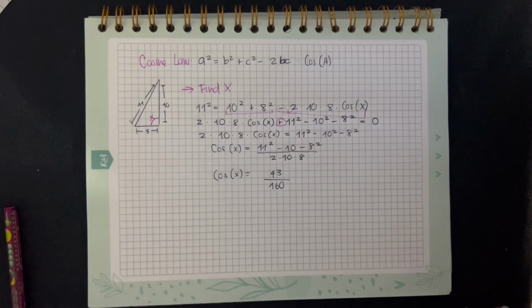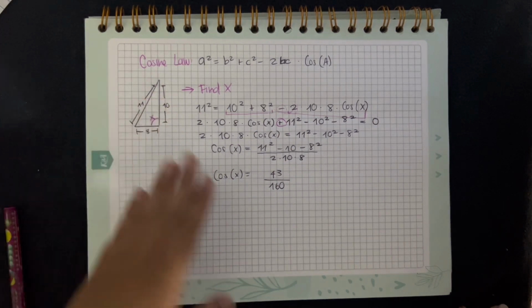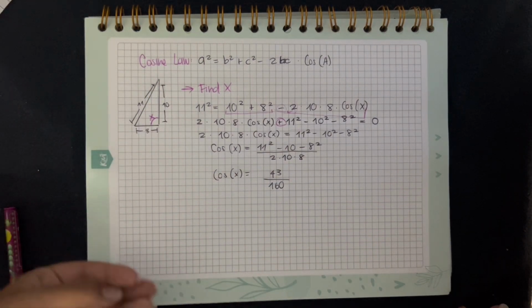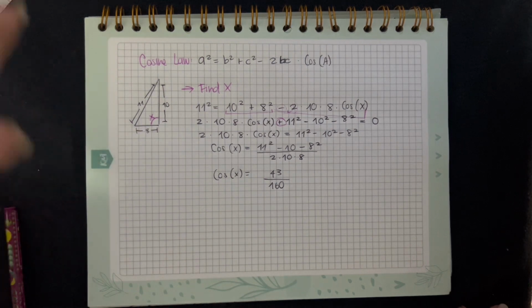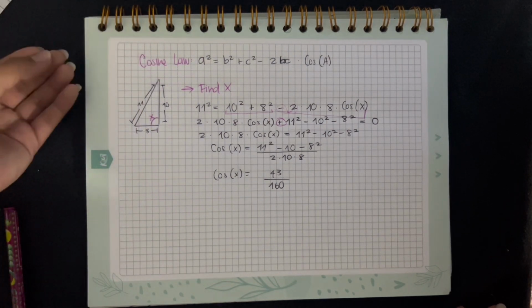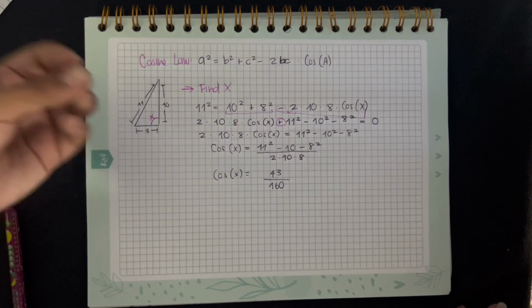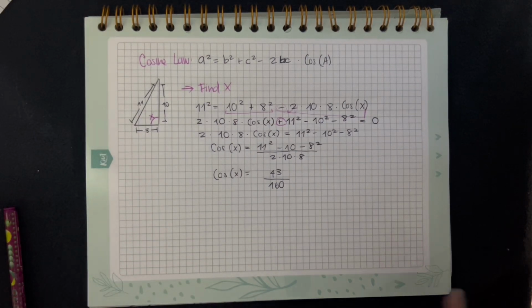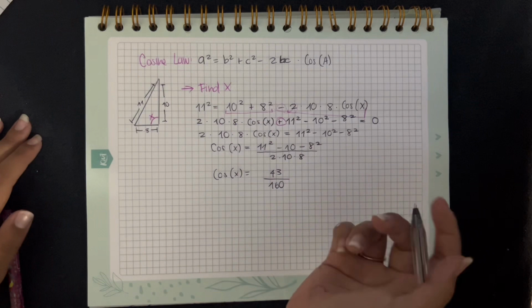Now that we have that, we need to find the arc of the cosine. This because if we put this as our answer, what we're telling is just the cosine of the angle. However, remember, the problem is asking us specifically for the angle. So when we use the arc of the cosine, we get the angle.